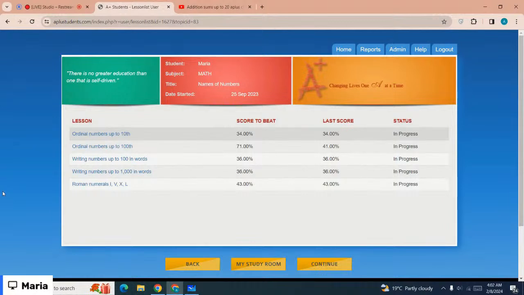Let's start with the first lesson, that is ordinal numbers up to 10th.